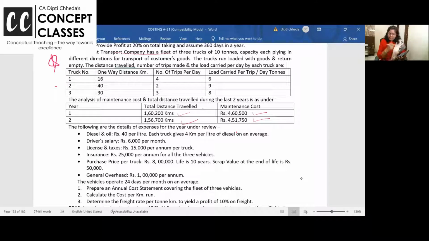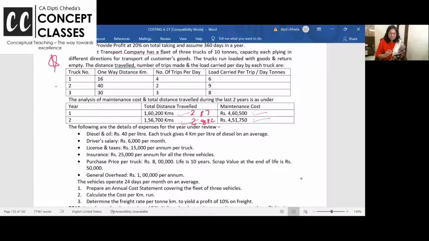460,500 is the maintenance cost divided by 160,200 kilometers. So it is 2.87 per kilometer. 451,750 divided by 156,700 is 2.882 per kilometer.